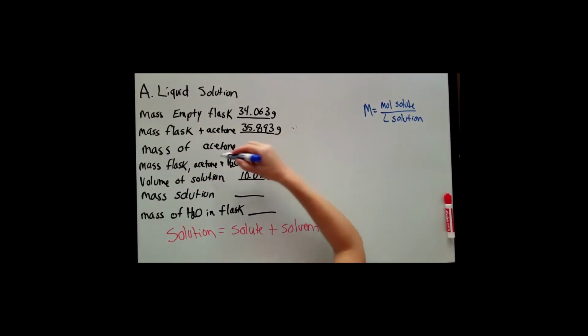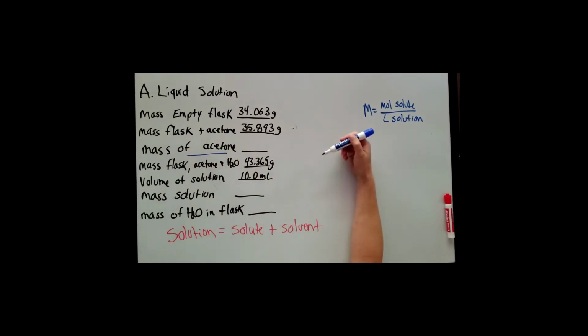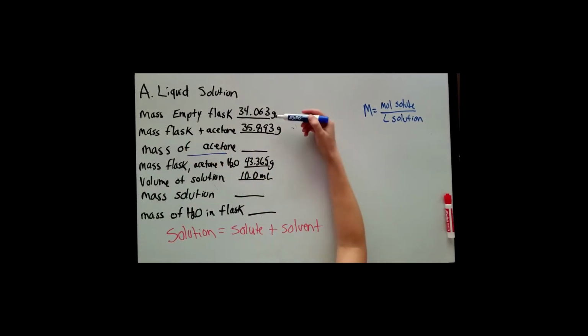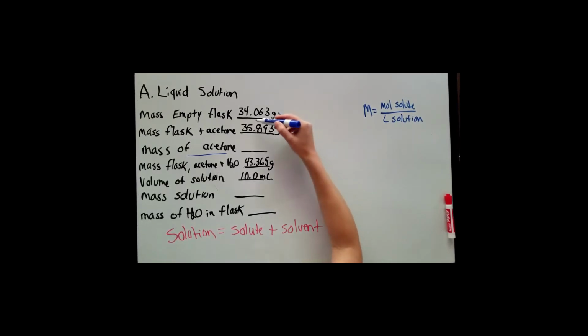If we want to figure out the mass of acetone, let's see here. We have the mass of the empty, dry flask, and then here at 35 grams, we have the mass of the flask with the acetone in it. So what are we going to do with these two numbers? Subtract them. If we take the flask with the acetone and subtract out the flask, we'll have just the acetone left.